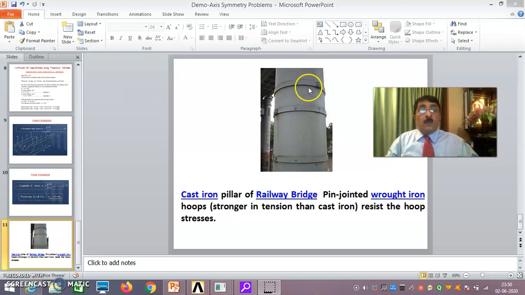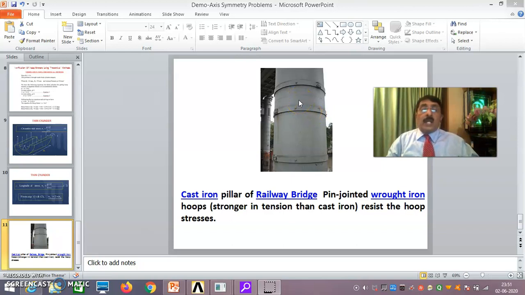They are called the hoops here. This will prevent the expansion, and as a result, it prevents the cracking of this pillar. That is why you fix the hoops at regular places, so that the diametrical expansion is prevented. These are the basic things you are supposed to know in these axisymmetric problems and all that.